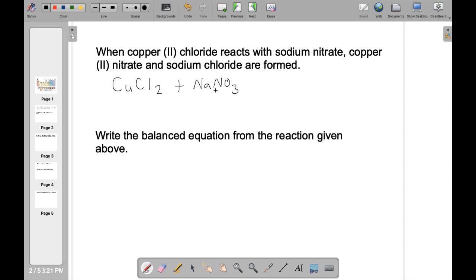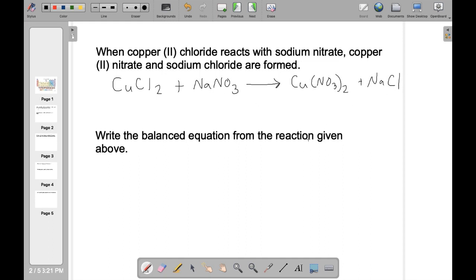And also now we have to memorize these polyatomic ions and charges, so there's a lot of previous knowledge here. It will make copper 2 nitrate, copper 2, and we're going to need two of these nitrates to cancel out that copper, plus sodium chloride.